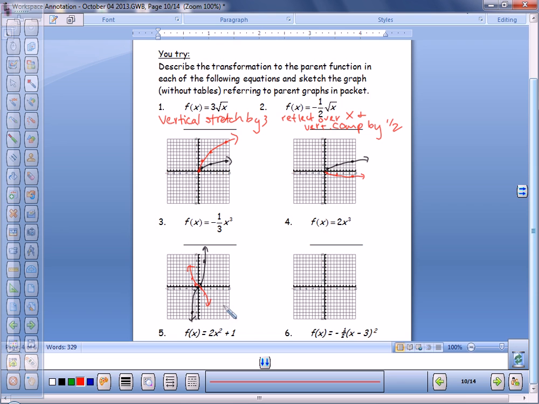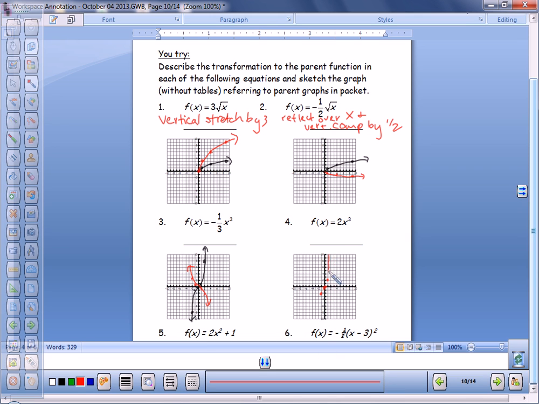It's been vertically compressed and reflected. This one has been vertically stretched, so it's gotten even skinnier. It's the same parent graph for this one, but that 1 gets multiplied by 2. That 8 gets multiplied by 2, so it would be 16, which does not even fit on the graph. The -1 gets multiplied by 2. The -8 right here gets multiplied by 2.